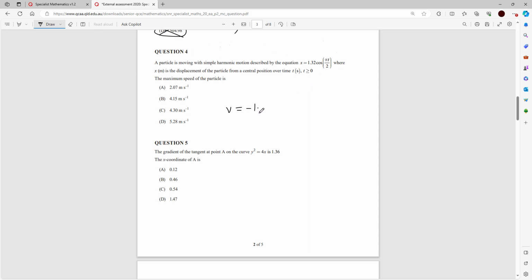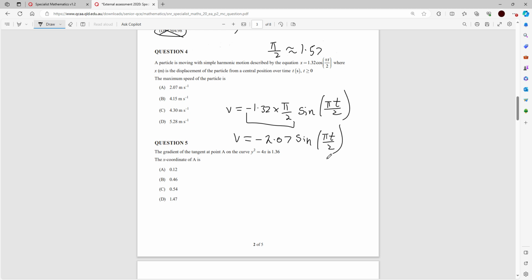So we're going to have minus 1.32, then you have to multiply it by pi on 2 because that's the inside function, sine of pi t over 2. Now, pi over 2 is approximately 1.57, okay? So your velocity is going to be minus this number times that number, which is about 2.07 sine of pi t over 2.